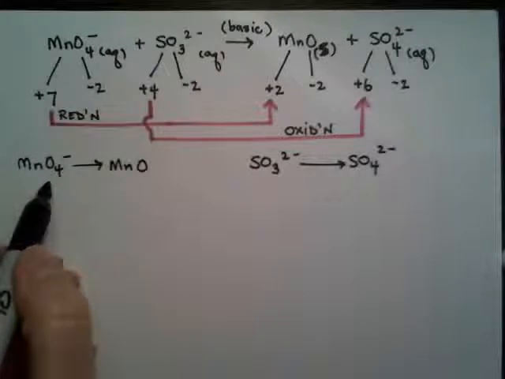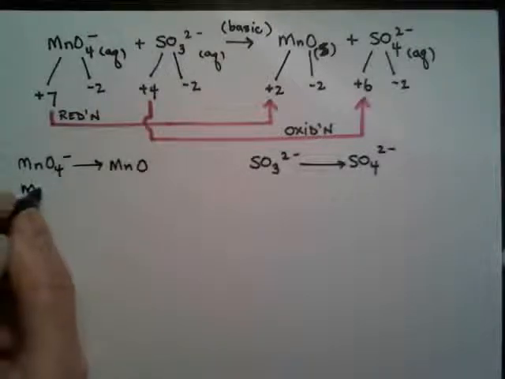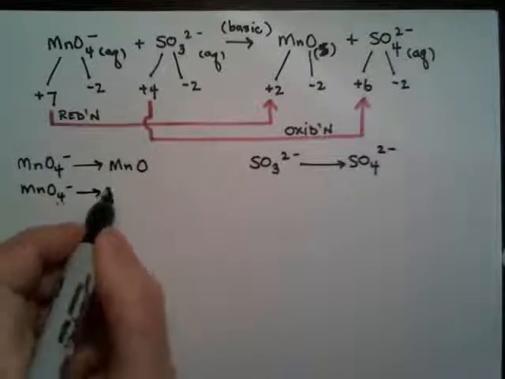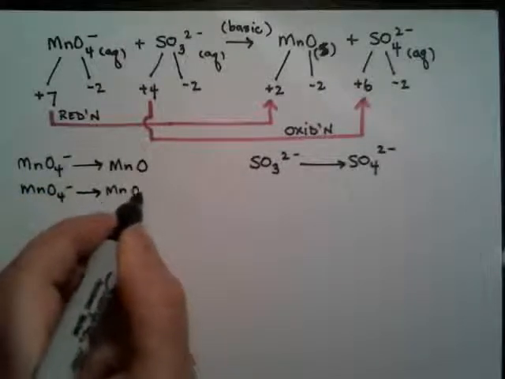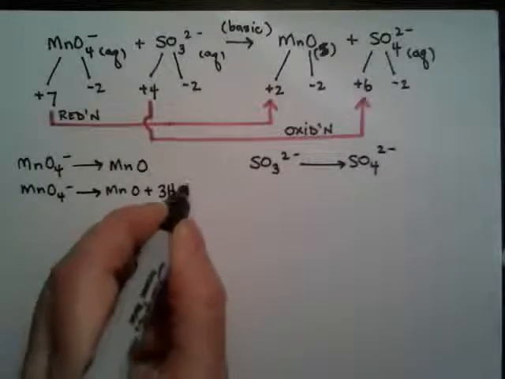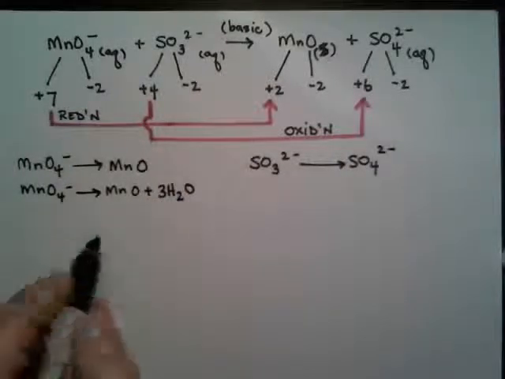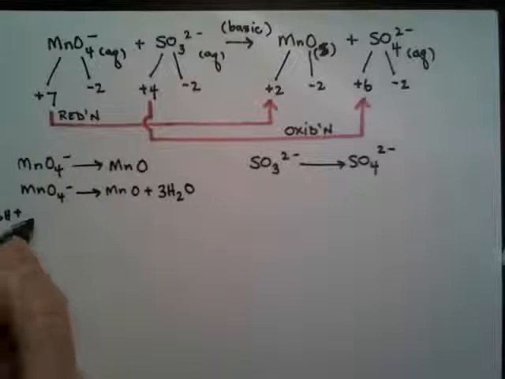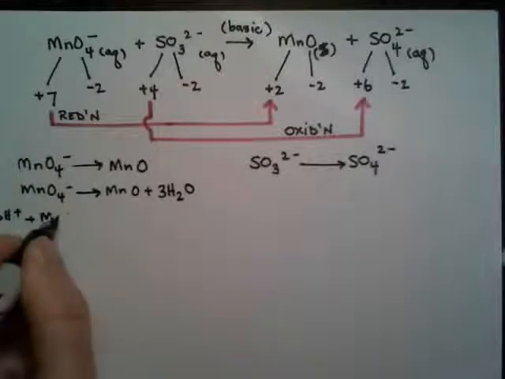Manganese is balanced. Oxygens are not balanced. I need 3 more. I'll add them as water molecules. I've introduced 6 hydrogens, so I'll add 6 H+ to the other side.